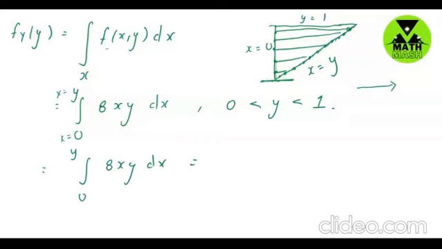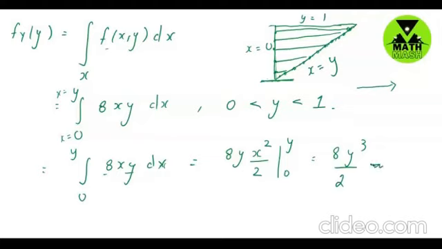Now integrate with respect to x. So 8 and y are constants because we are integrating with respect to x. So this is 8y as it is, and the integration of x with respect to x is x square by 2. The limits are 0 to y. So this equals 8y cube by 2 when we substitute x equals y, minus 0 when we substitute x equals 0.